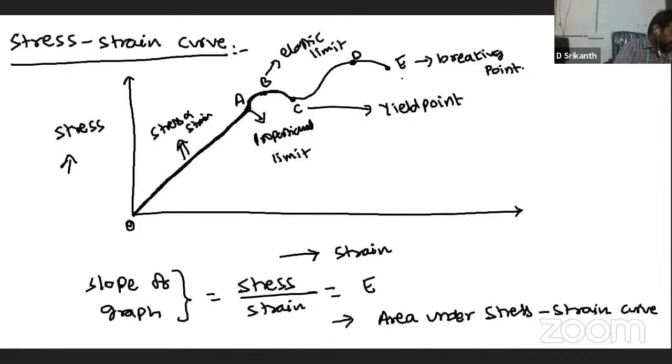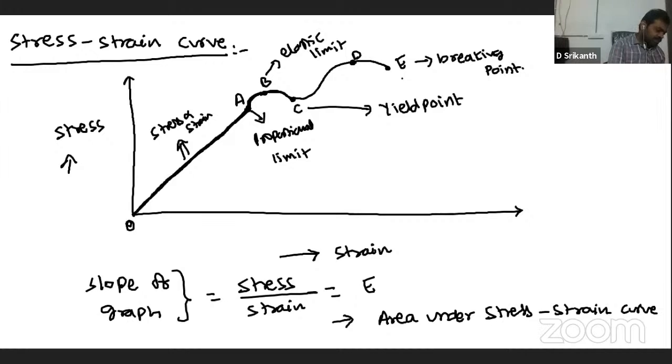And in the next class, we'll discuss elastomers and elastic hysteresis. That is theoretical concept only. Very rarely, I think one time or two times they asked on the elastomers.